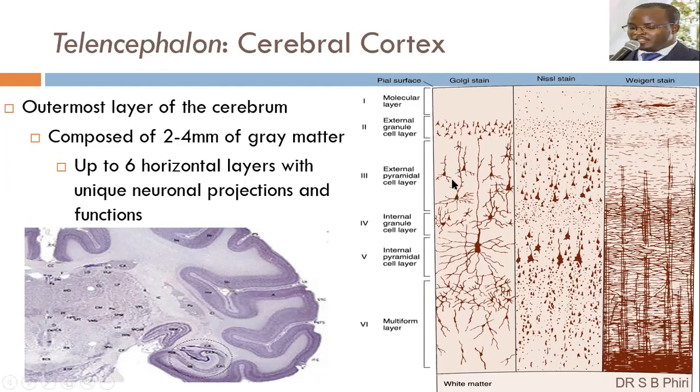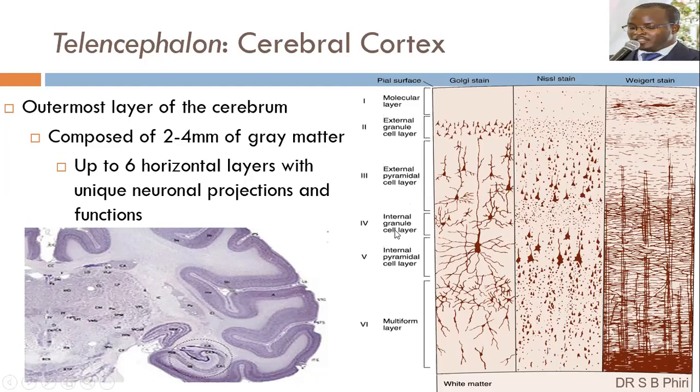So these 6 layers of the cerebral cortex are further divided or subdivided into groups. So there are 3 groups. So there are those layers that are above the internal granular cell layer. So anything above is called the supragranular layer.